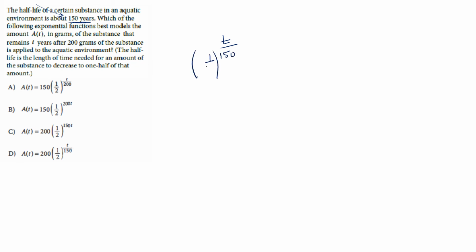And what is my initial amount? Which of the following exponential functions best models the amount A of t in grams of the substance that remains t years after 200 grams of the substance is applied? So 200 grams is given as our initial amount.